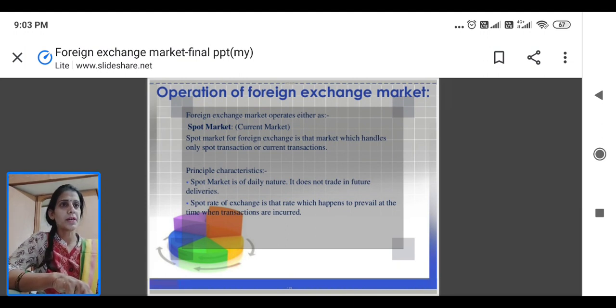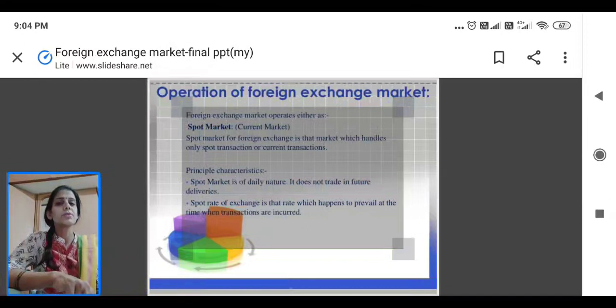Principles of forward markets are the characteristics. It only creates forward transactions. It gives the scope for transactions in the future. It determines the forward exchange rate at which forward transactions are to be honored.